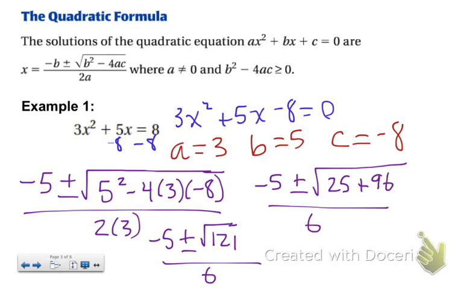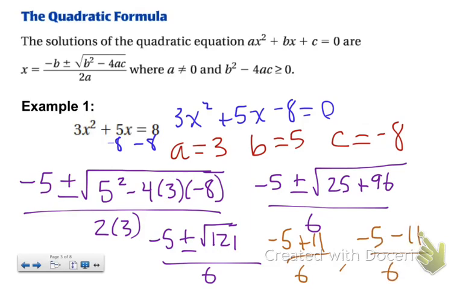Now, this one worked out to be a nice number. It's not always going to. Sometimes you're going to have to approximate and round to the nearest hundredth. But in this case, the square root of 121 is either positive 11 or negative 11. So we can write it out: negative 5 plus 11 over 6, or negative 5 minus 11 over 6.